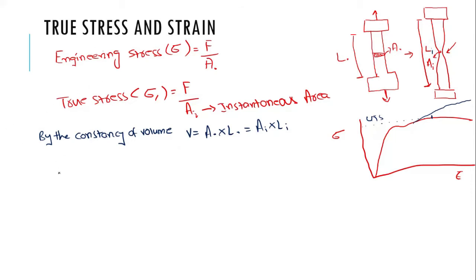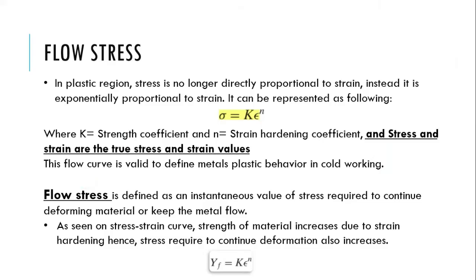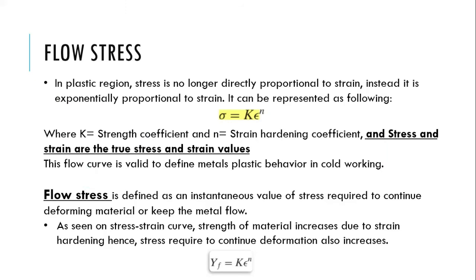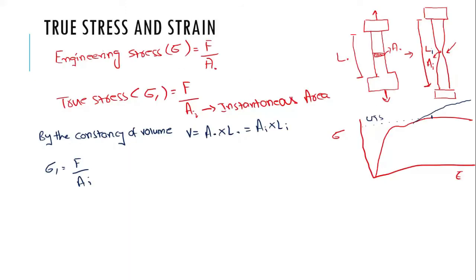So from this we can obtain, we know that true stress equals force divided by instantaneous area, and obviously we cannot always observe the area at every instant, so we can simply convert it using this one. So from here our instantaneous area would be equal to initial area A naught dot L naught divided by instantaneous length, right?